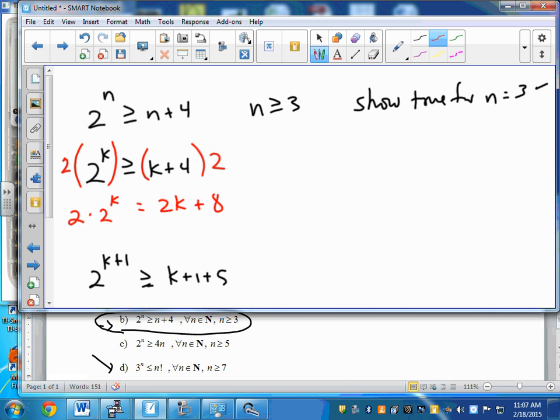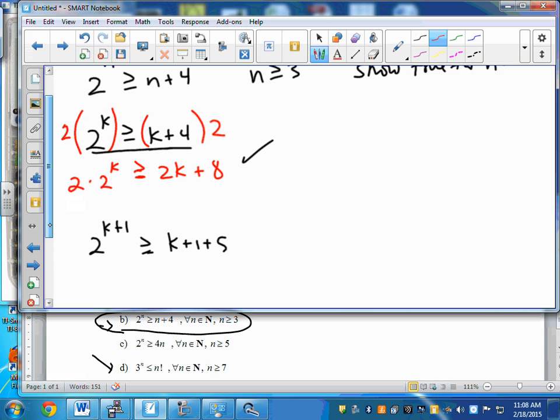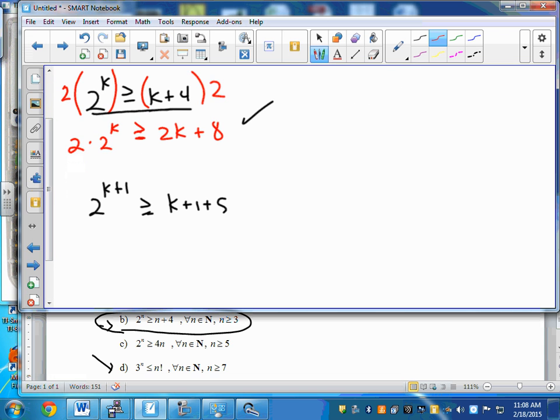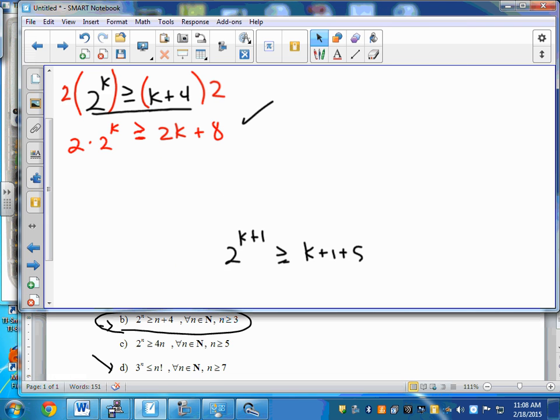If the black was true, which we assume to be true, then this has to be true, greater than or equal to, by the multiplicative property of inequality. You can always multiply both sides of any inequality by a positive number, and the sense of the inequality stays true. So how are we going to get from there to here?